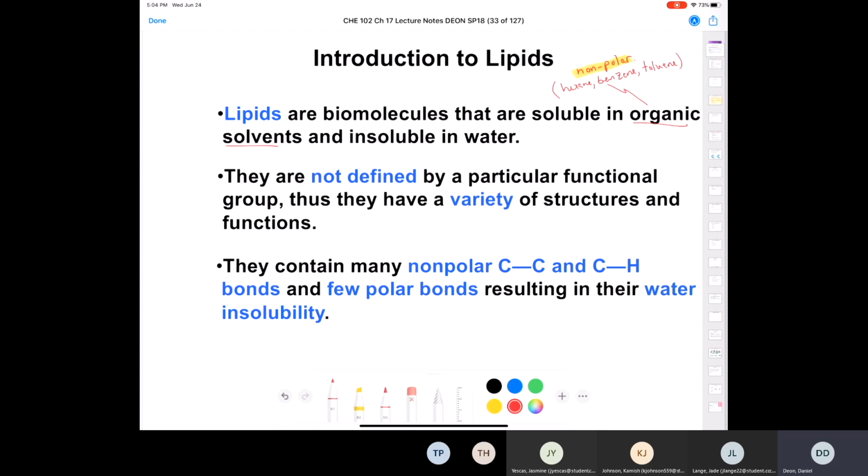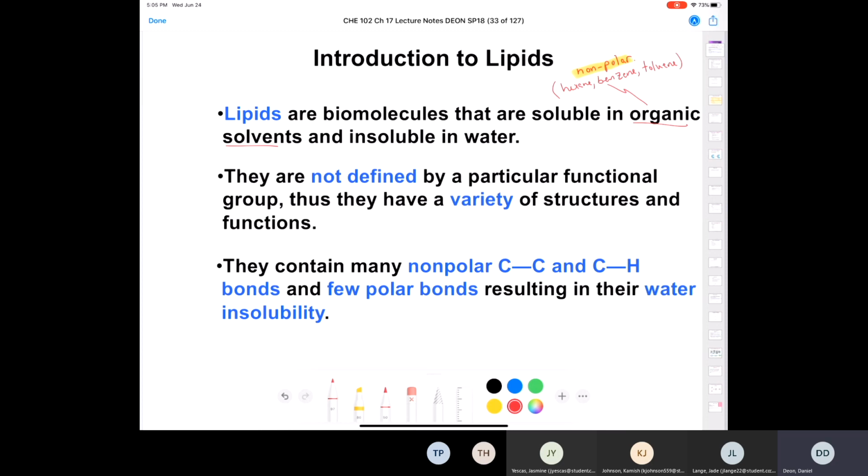Anyhow, the main thing that you have to understand is that we're talking about nonpolar organic solvents and that lipids are insoluble in water. So lipids are actually not defined by a particular functional group, and thus they have a variety of structures and functions. If you think about what we've studied so far in this class, every chapter dealt with some kind of functional group or multiple functional groups. Let's say we did a chapter on carboxylic acids and esters and acid chlorides.